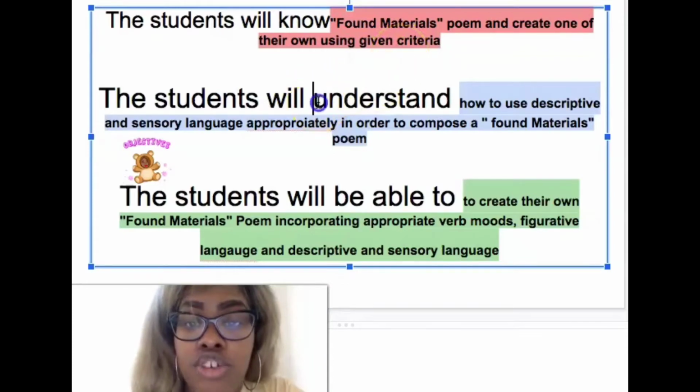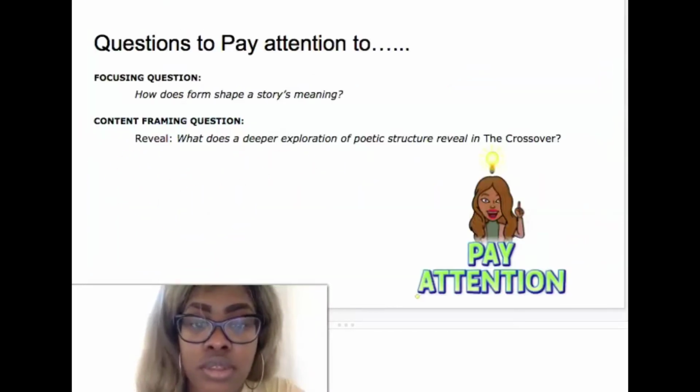You're also going to understand how to use descriptive and sensory language appropriately in order to compose a found materials poem. You're also going to be able to create your own found materials poem and incorporate appropriate verb moods, figurative language, and descriptive and sensory language. So let's continue this work so we can get to those goals.